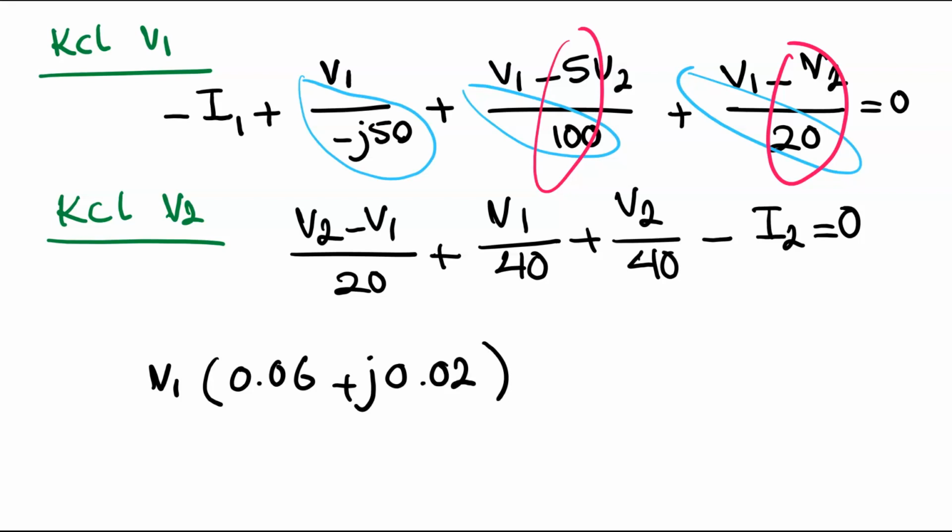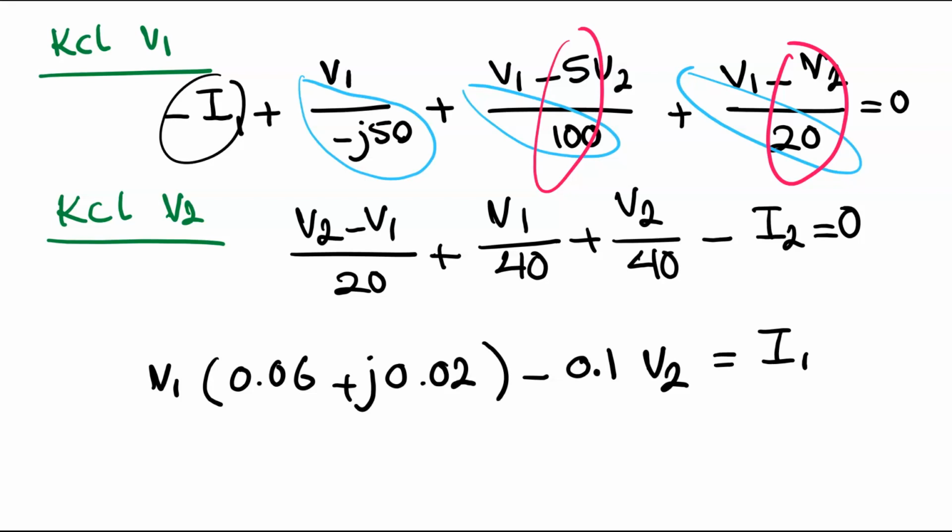So the coefficient of V2 is going to be minus 0.1 multiplied by V2. And finally, I have I1. If I show it on the other side of the equation, it's going to be I1 instead of minus I1. So this is my first equation simplified.